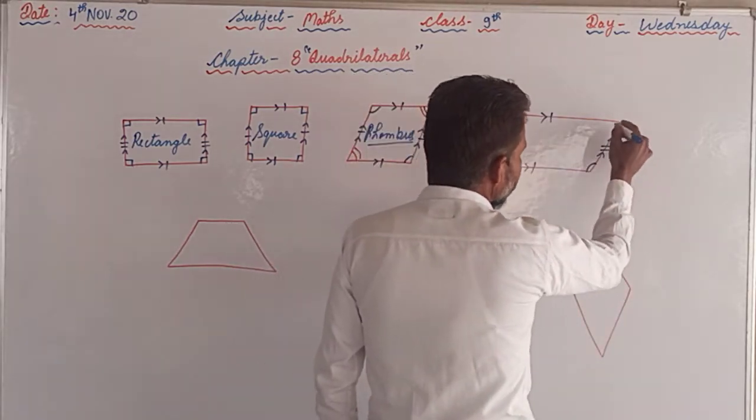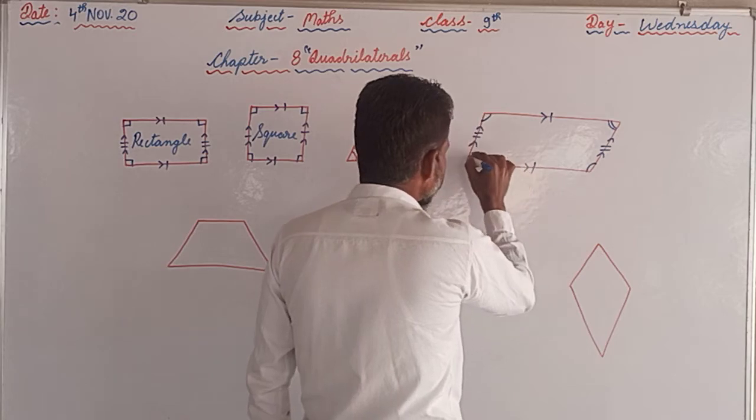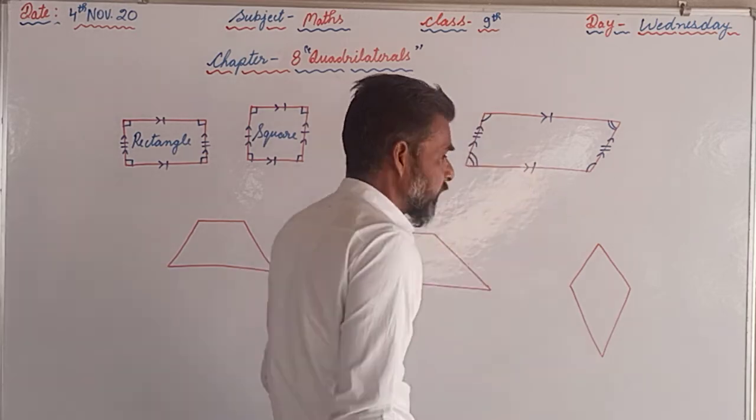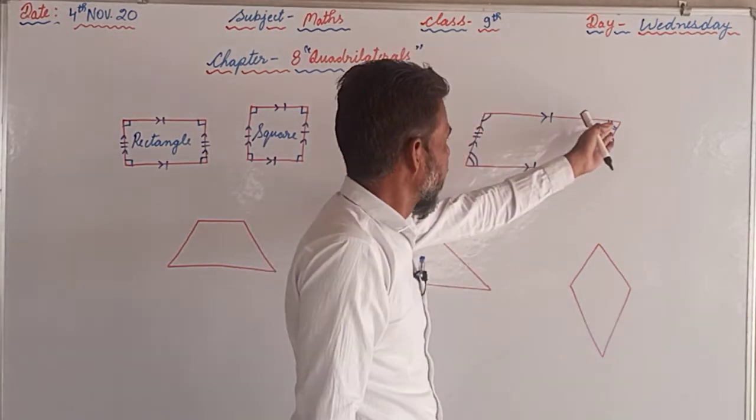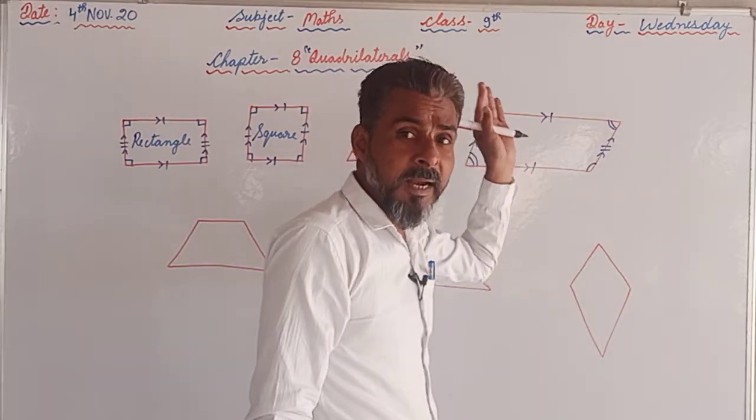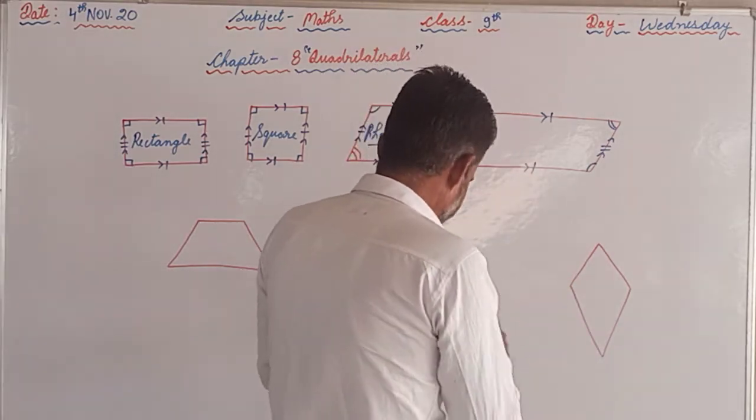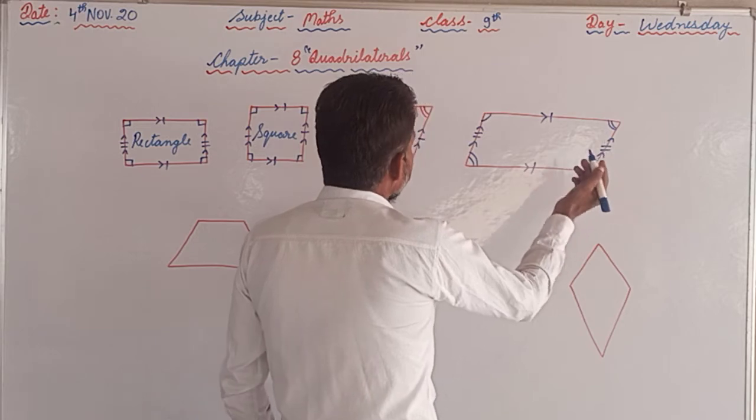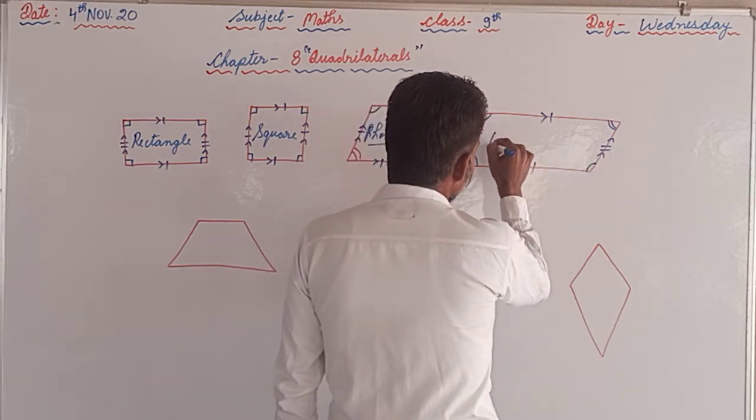This angle is equals to that, and this angle is equals to that. Again the opposite angles are equal, and the sum of the adjacent angles will be 180. So this kind of quadrilateral is known as parallelogram.